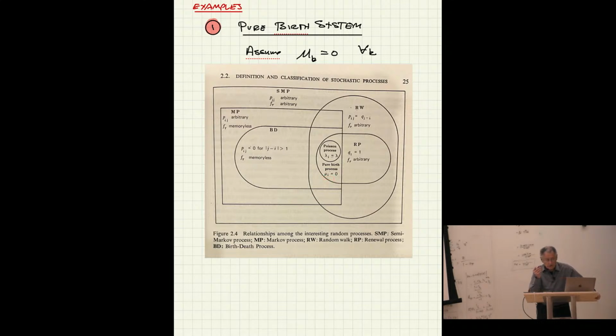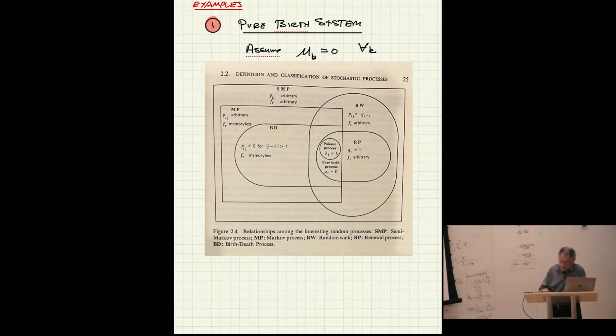So what's general about this case and what's specific? What's specific is it's going to give us an exponential time-in system, as we're going to show, but it allows the birth rate to change according to the state you're in. Okay? But I'm going to take you beyond that right now and relax that assumption as well.